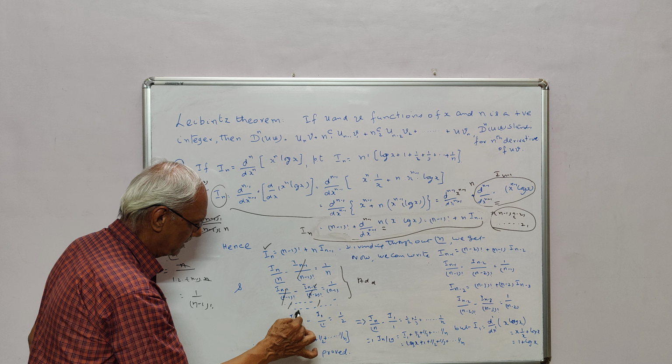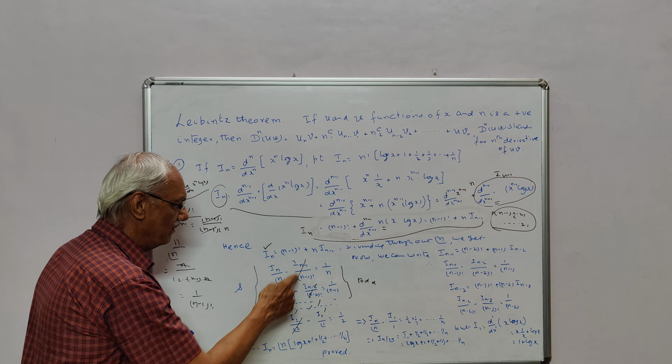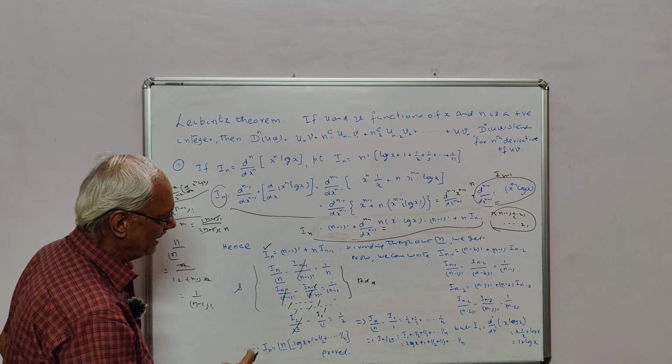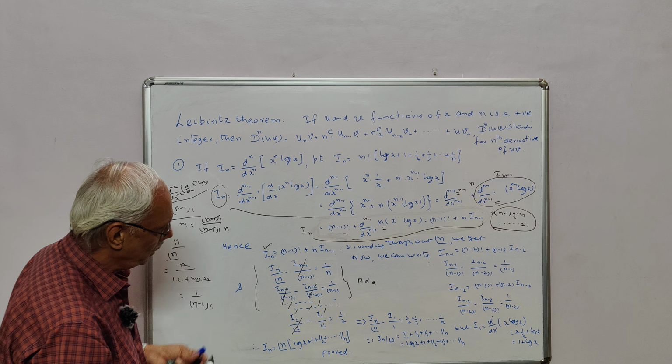So when you go for adding, add all these terms. When you add this, this is minus I_(n-1) by (n-1) factorial, this is plus. So they will get crossed like this, and they get cancelled like this, leaving you with what?